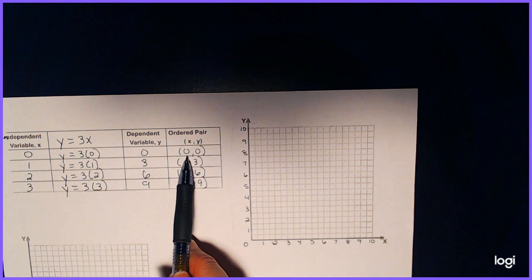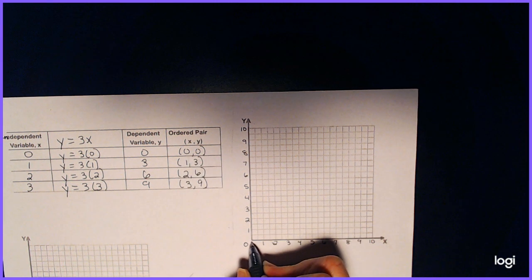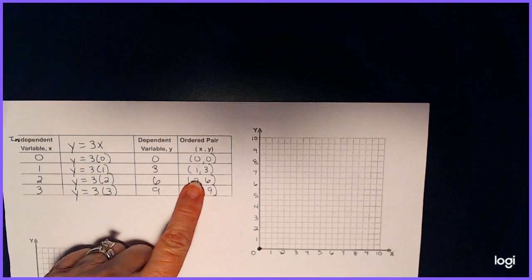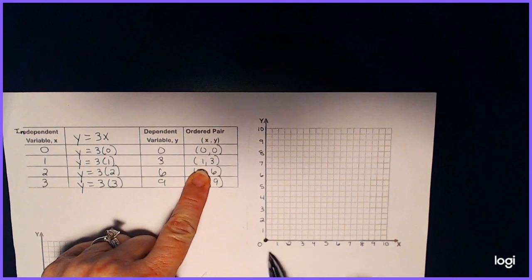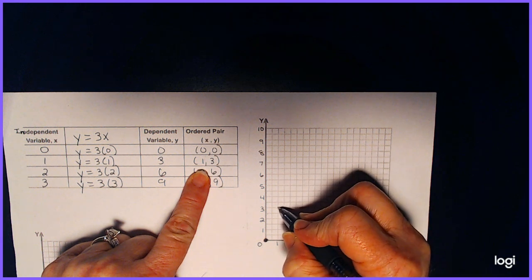My first one says go over 0, up 0. Well, if I start right here and I go over 0 and up 0, I'm going to stay right there. My next ordered pair says I'm going to go over 1 and up 3. So I start here at our origin. I'm going to go over to the 1, and I'm going to go up to the 3, and I'm going to put a dot.